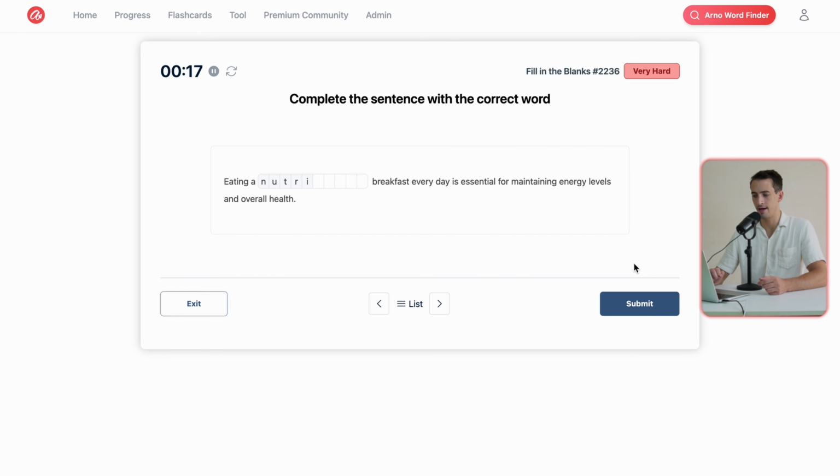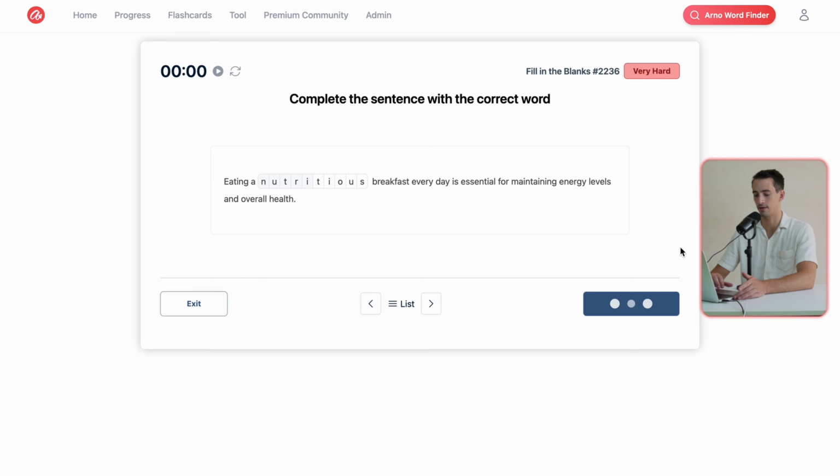Eating a NUTRI blank blank blank blank blank breakfast every day is essential for maintaining energy levels and overall health. All right, the correct answer here would be nutritious. Let me proofread.